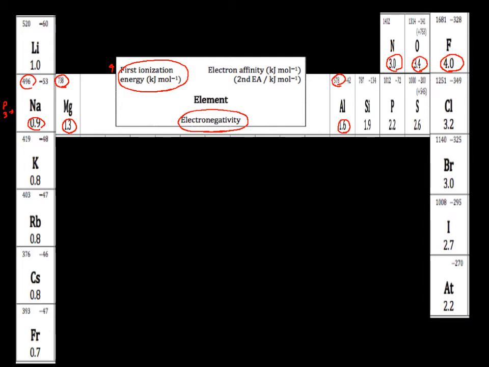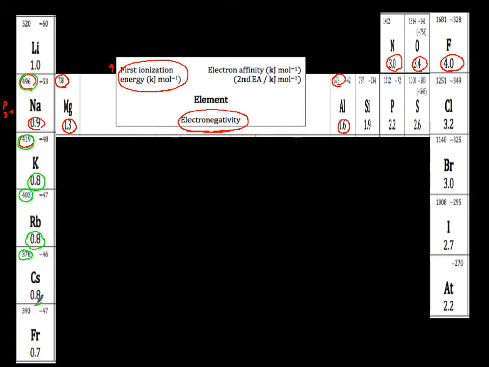Now if you keep track of going down a group, if you look at ionization energy of sodium versus potassium, you see in this case it's decreasing. So as you go down, you have easier time to lose your valence electron, because it's further away from the nucleus. And also the same trend goes as you go down a group, electronegativity decreases.